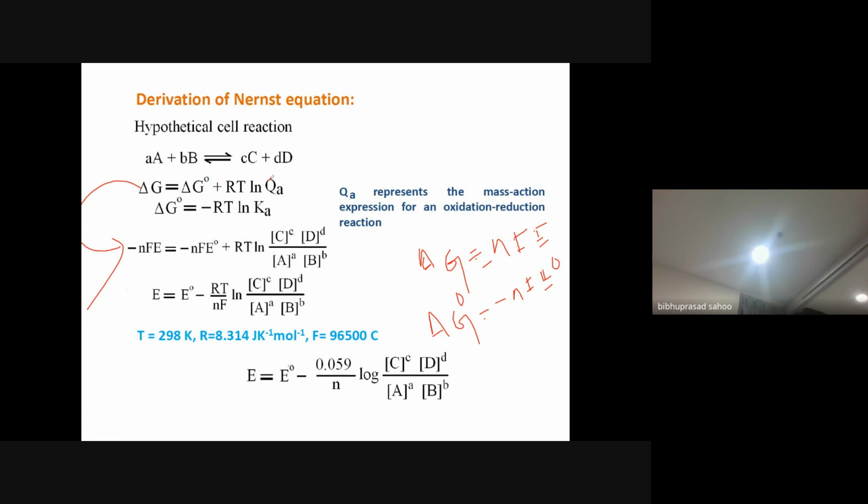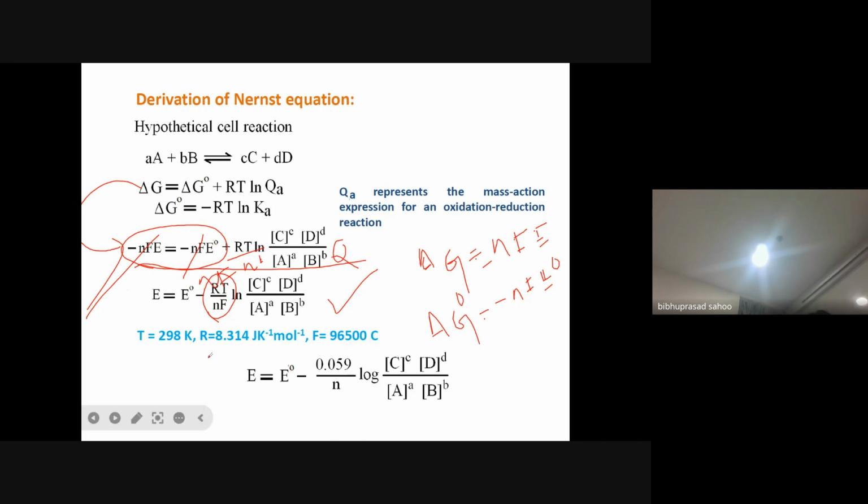We have written both the things, and this is Q in normal condition. Then I have divided by nF on both sides. This nF cancels, this nF cancels. So at temperature T equal to 298 Kelvin, R value 8.314 joule per Kelvin per mole, F is 96500 coulomb, you got this. This is your extended version of the Nernst equation.